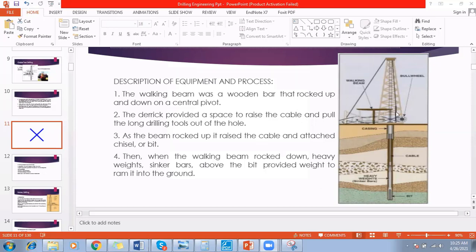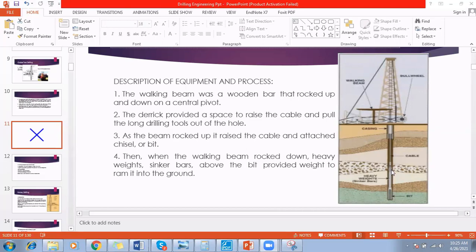All these components are connected with the walking beam. Whenever this beam moves upward, the whole setup will move upward, and when this beam moves downward, the whole setup will move downward, and as a result there will be the pounding action. As a result of this pounding action, there will be a baler, and the cuttings will be stuck in the baler.